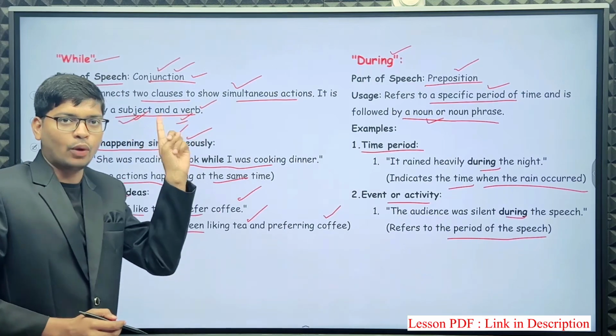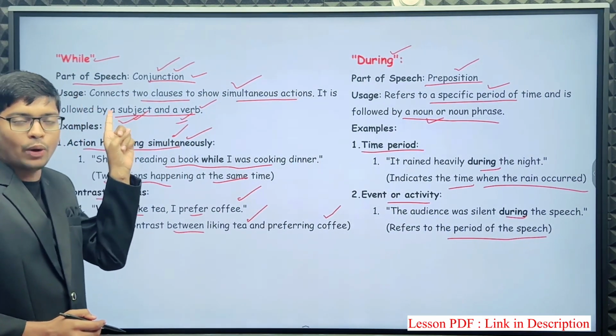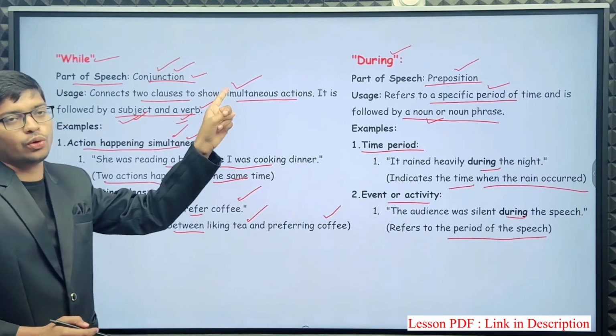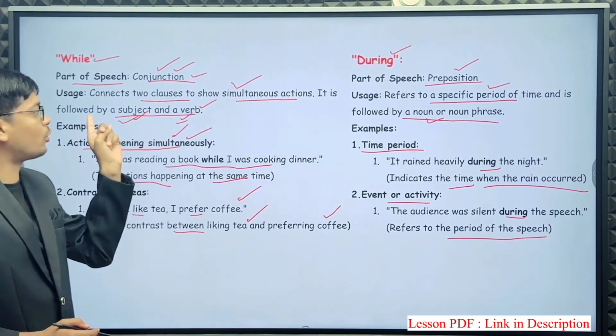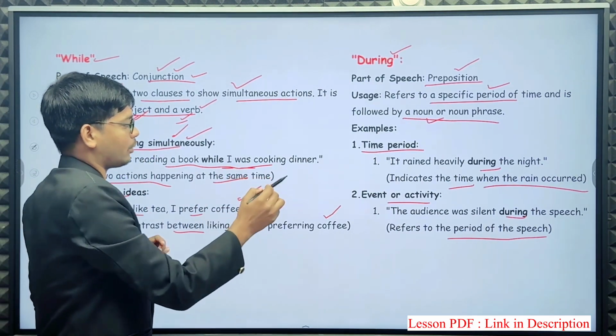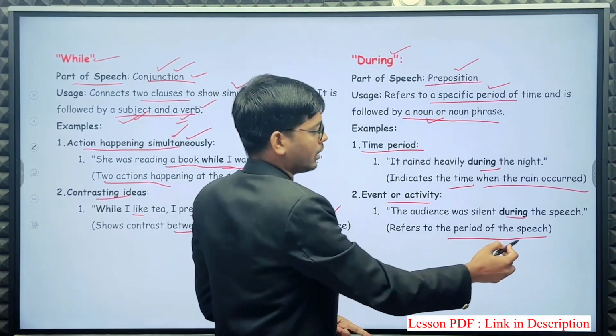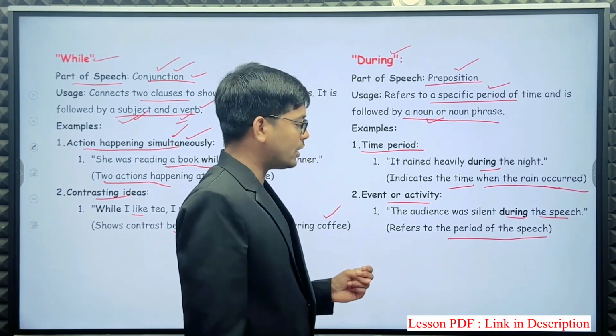But while is a conjunction that connects two clauses to show simultaneous action, and it is followed by a subject and verb, whereas during is followed only by a noun or noun phrase.